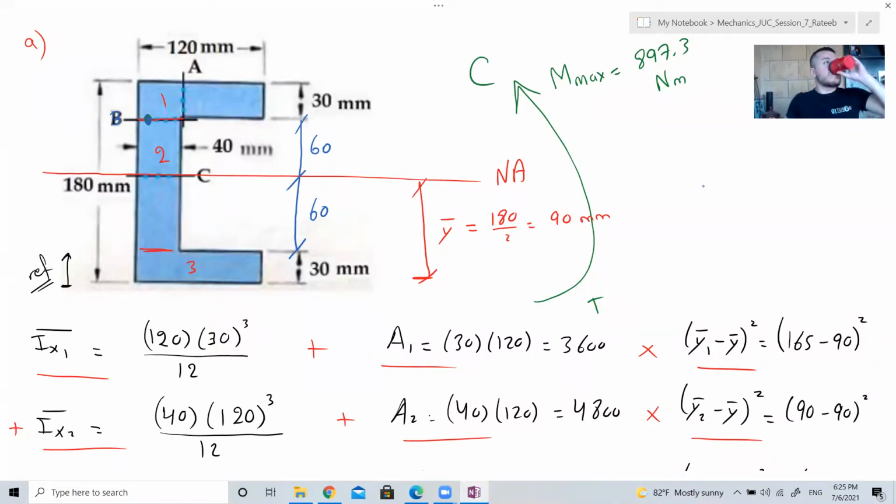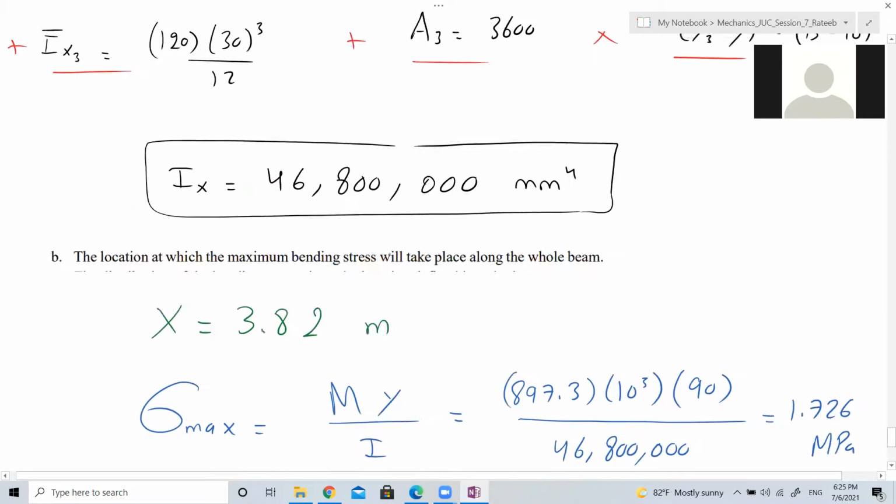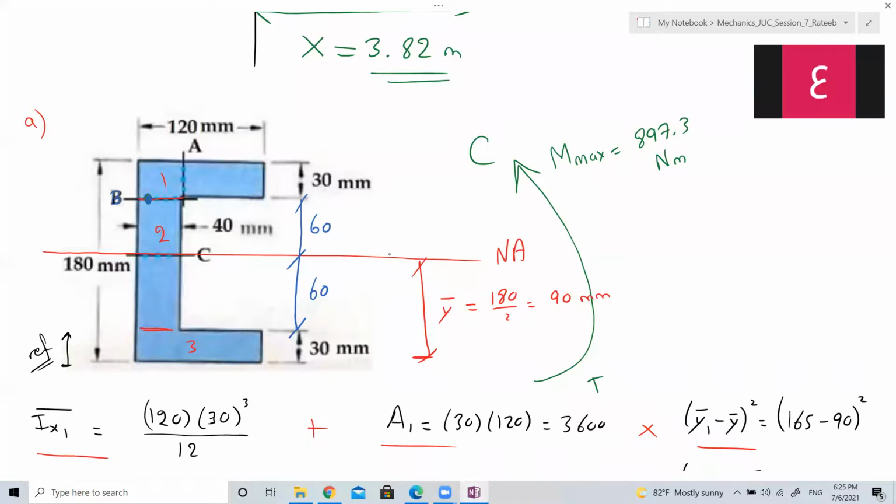What do you mean? What is y? We are finding the stress, didn't we agree? The stress is M y over I. What is y for the bending stress at point B? What is the definition of y?